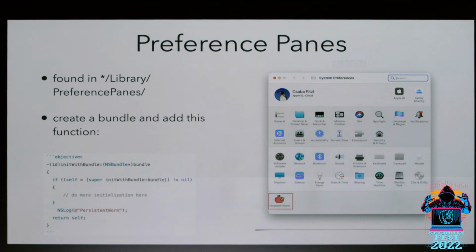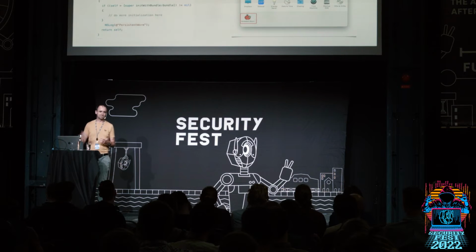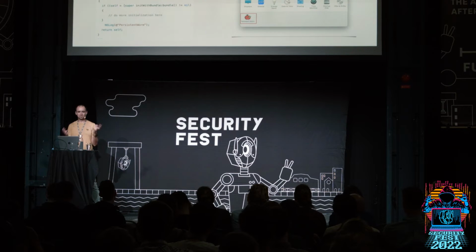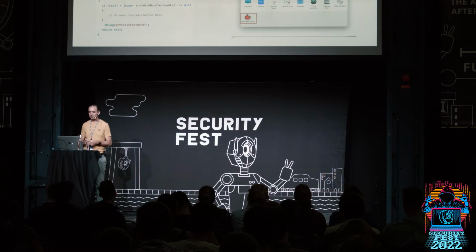And basically, you can add new plugins to this. I added one below, persistent worm. It has an Apple logo with a worm. Basically, what you do is create a new bundle, a prefPane bundle, and place it inside the Library/PreferencePanes directory. And on the next time System Preferences is executed, it will load your bundle, and you will show up there.